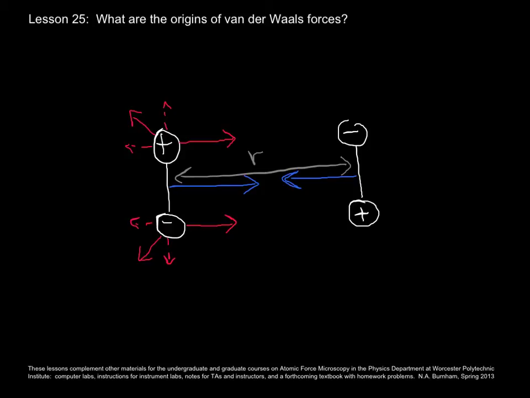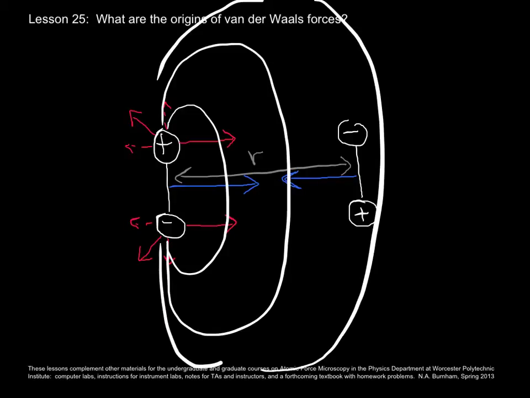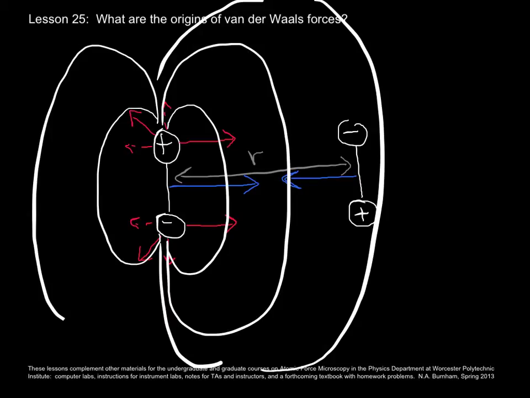You might remember from introductory physics that a dipole puts out an electric field that is proportional to the distance away from it, inverse cubed, and something like this, and electric field lines point in the direction that a positive charge would move.